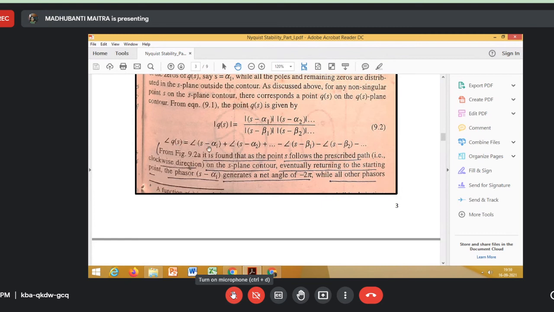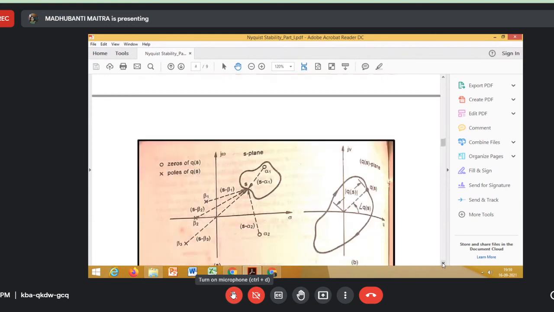Net change in angle, mod of net change in angle will be 2 pi, right? And the angle contribution of zeros are positive, but here we are rotating in the clockwise direction. Hence, the net change in angle will be equal to minus 2 pi.